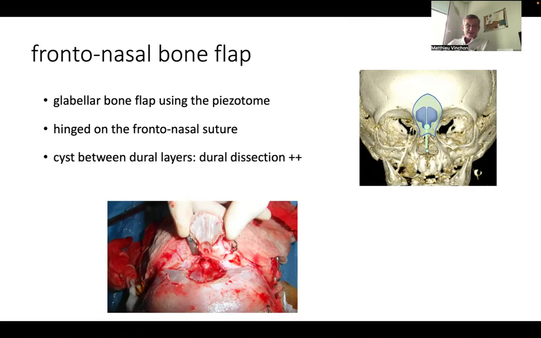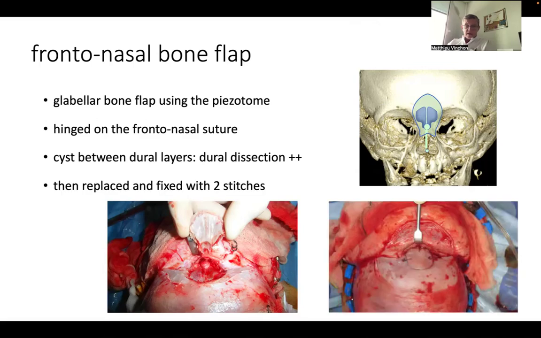Then we dissect the cyst, which is often embedded between the two layers of the dura mater. So there may be some opening of the dura mater, which must be closed. Hopefully there is no communication with the aerial cavities of the face because it is completely in the thickness of the bone. And then, after removal of the cyst, the bone flap is replaced with 2 stitches.